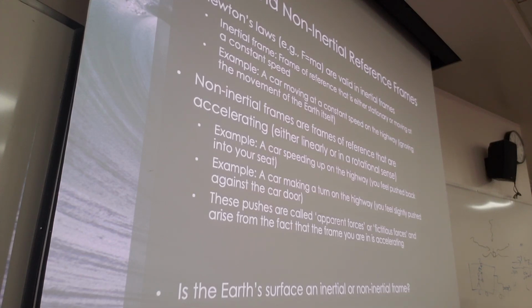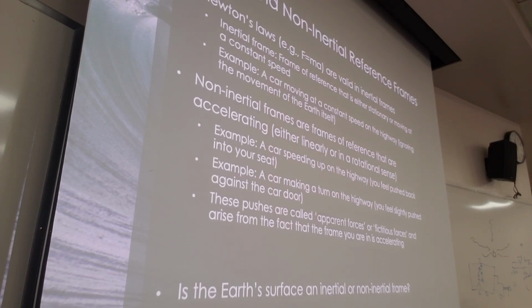We feel the same thing, for example, when you're in a car on the highway going onto the on-ramp. When that car makes a left turn, you feel like you're thrown against the door a little bit, right? Your seatbelt is pushed against the door. Also, when you're in an elevator and it starts to accelerate, you feel like gravity gets stronger.